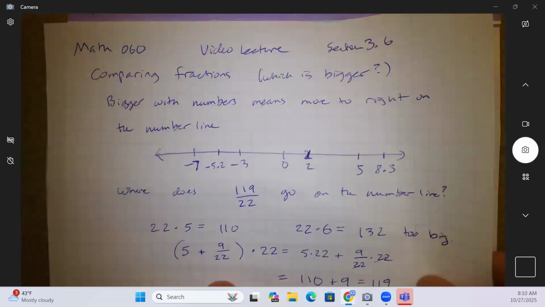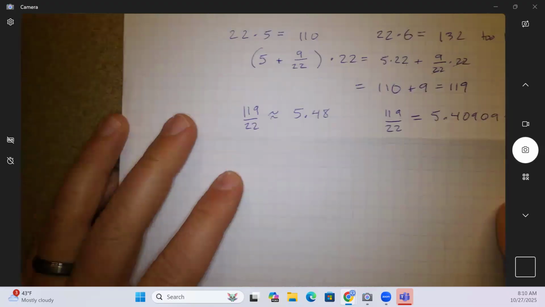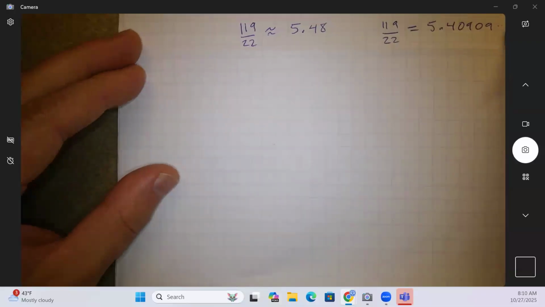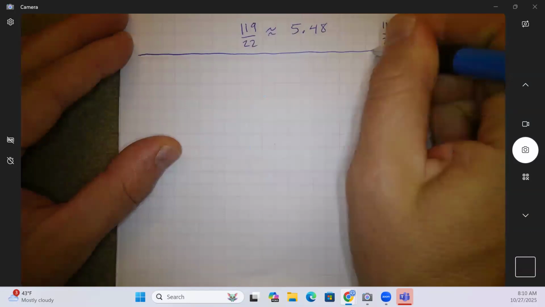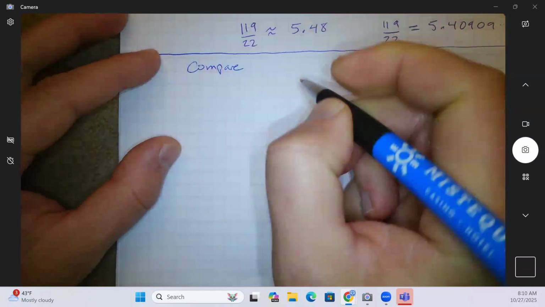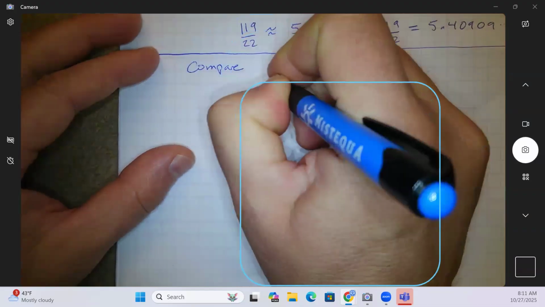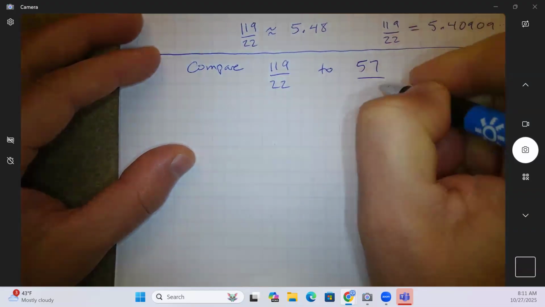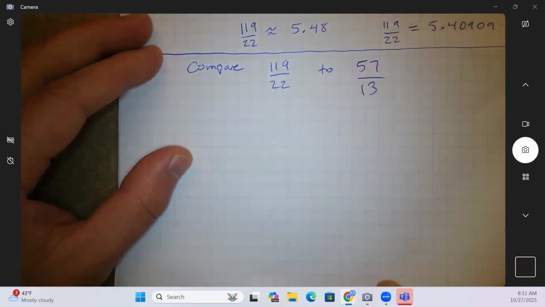They're also fine for comparing fractions, but I do want you to learn how to compare fractions without using a calculator. So let's compare 119 over 22 to 57 over 13.